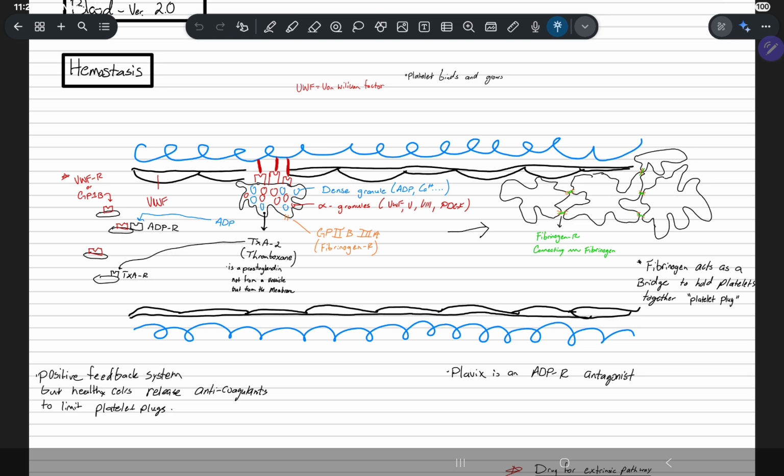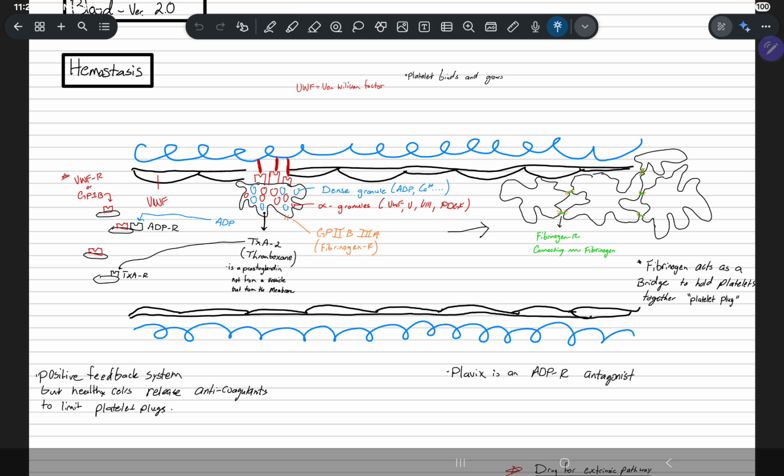So to run through the whole process from the start, the formation of a platelet plug starts with a vascular spasm, which is constricting to reduce the blood flow to the area. Then the von Willebrand factor is secreted by these epithelial cells and binds to platelets, which are then activated and change shape.